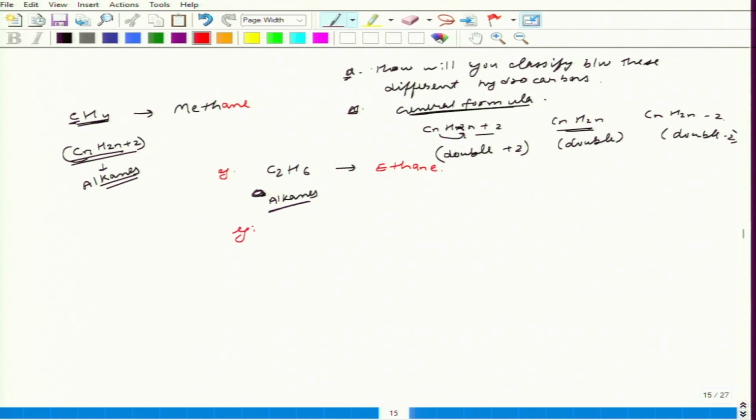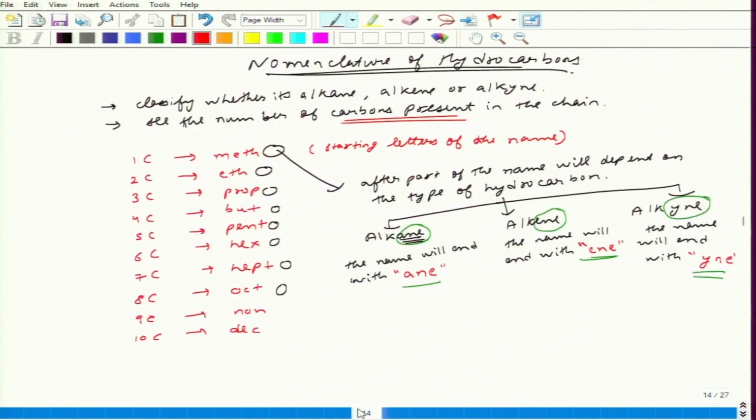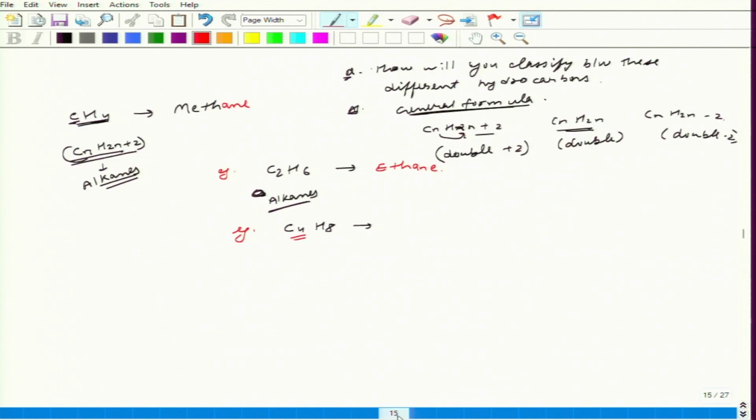Another example, let us go to a higher one, C4H8. There are 4 carbons. If you do not remember, I have mentioned this: 4 carbons is but. So you must remember this also. Now what is it, alkane, alkene or alkyne?